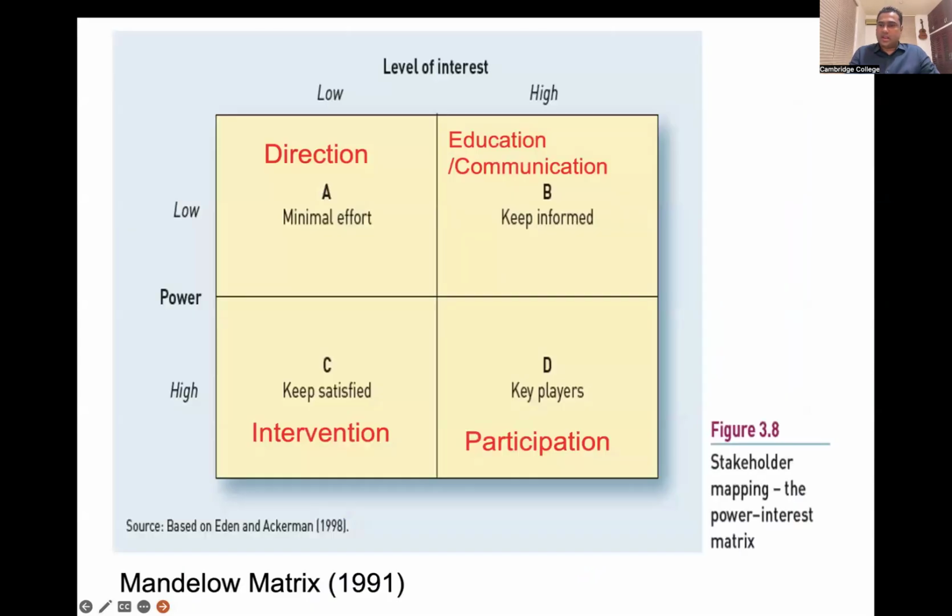Then you have the Mandela matrix, also known as the power and interest matrix. So the Mandela matrix is a theory that takes power on one side, high and low, and level of interest on the other side, high and low. So high power, high level of interest are key stakeholders, key players.